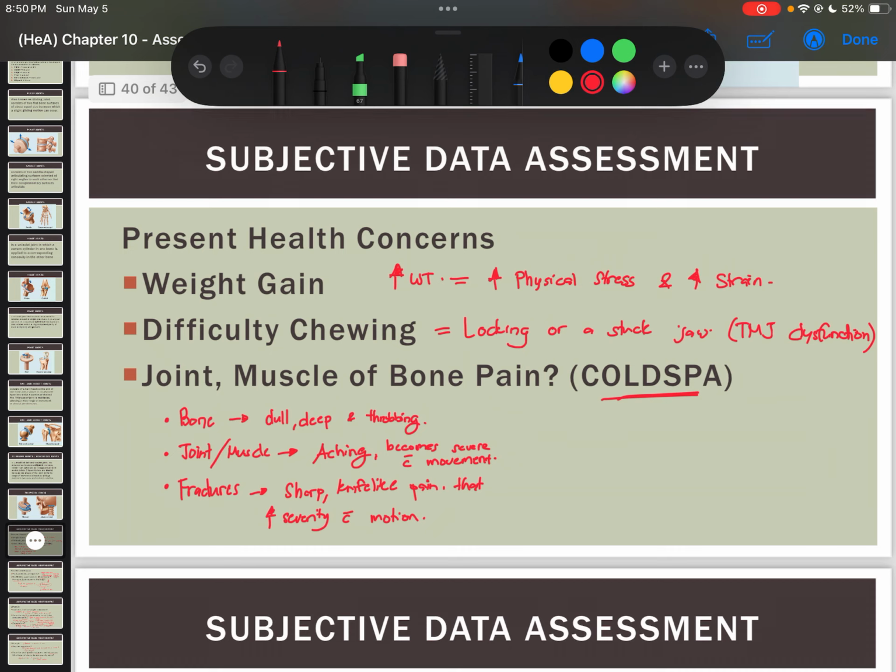However, as we will discuss in our face-to-face lecture, it's much better to assess the musculoskeletal system on-site with a patient, because it is better to actually assess the physical aspect of the patient rather than just interviewing them.